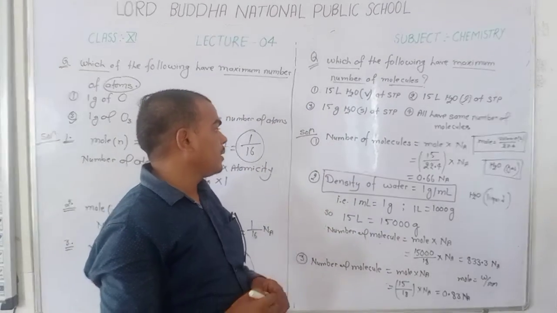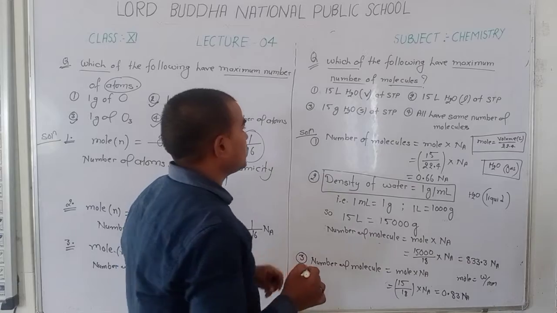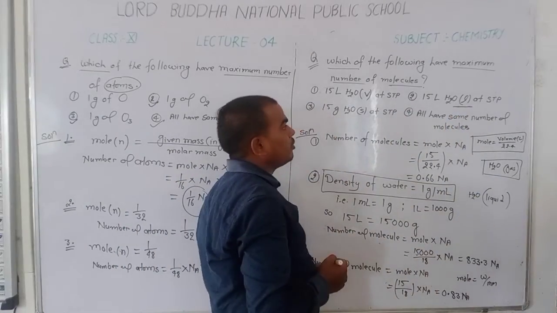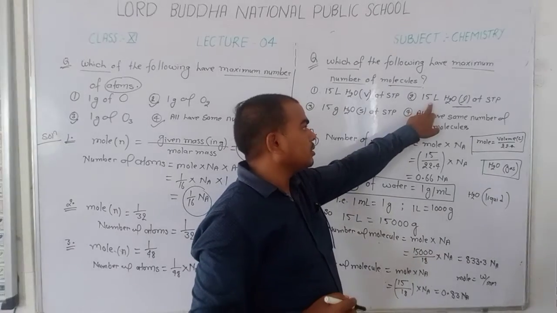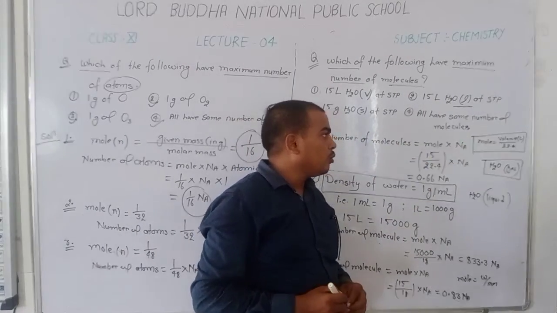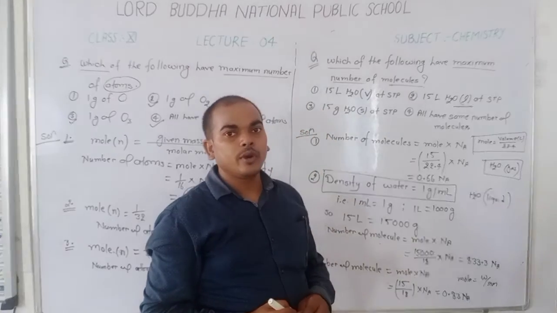But in case water is liquid and volume is given in liter, don't use the formula mole equals volume upon 22.4 liter.